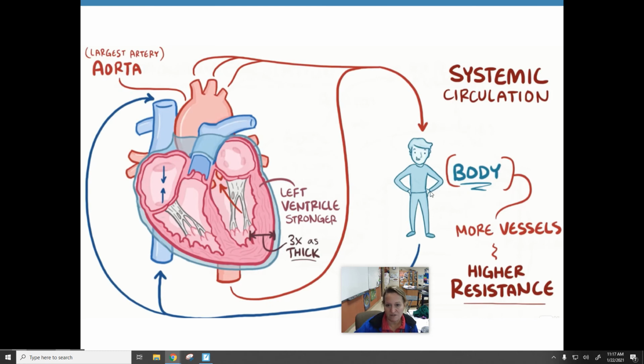In the body, if you think about it, every single vessel is going to provide some resistance and cause friction, which is going to slow down the blood. So in order to get it back to the heart efficiently, the muscle of the left ventricle is 3 times as thick as the right ventricle. And so it can give us a stronger punch and return that blood.